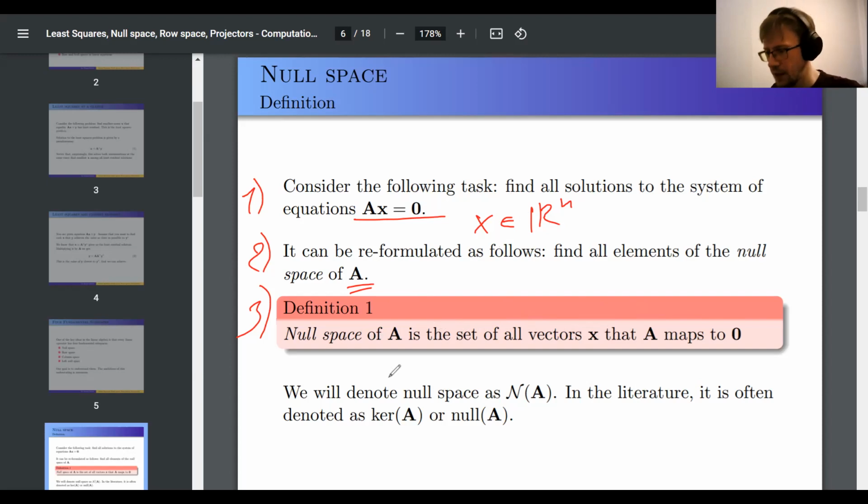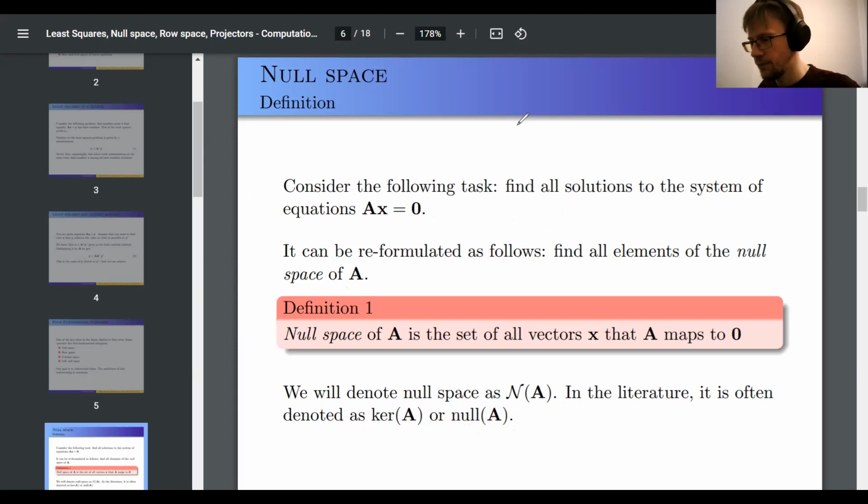Sounds good. Okay, we will denote null space as N of A. In the literature it's sometimes called kernel of A. And this is also a very nice formulation, null of A. So maybe we will actually use this sometimes, but I think in the slides it is N of A. Okay, that's the null space.